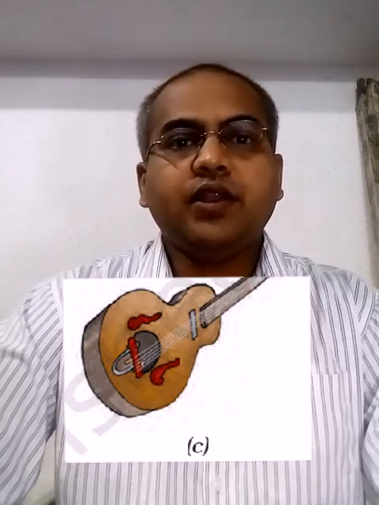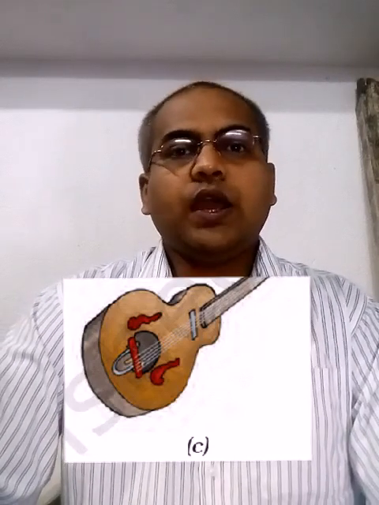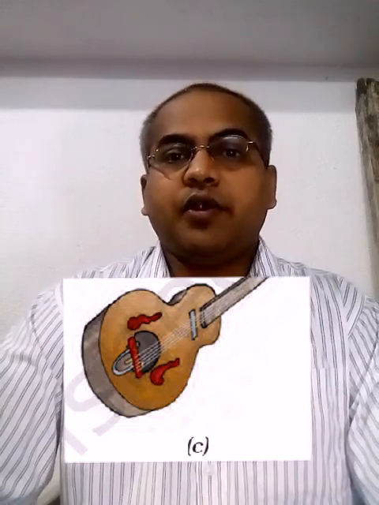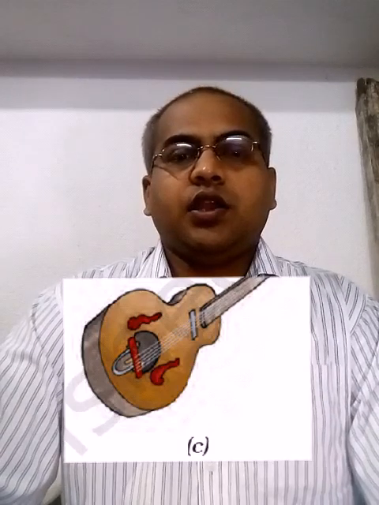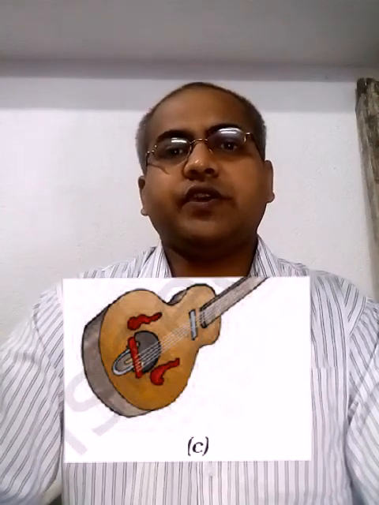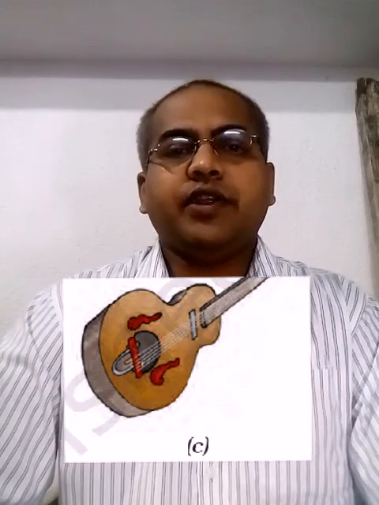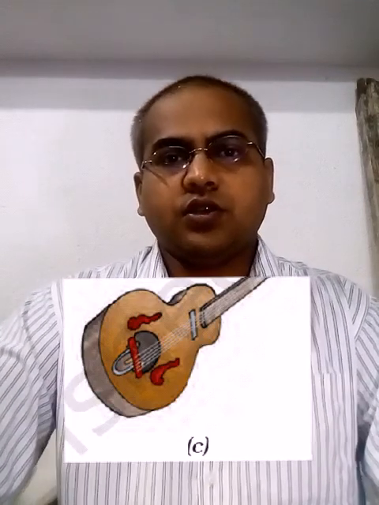There are some other terms also for this motion, like oscillatory motion, that is to and fro motion is called oscillatory motion, and also vibratory motion. You observe that when you pluck or hit the strings of a guitar, it will start vibrating and sound is produced.